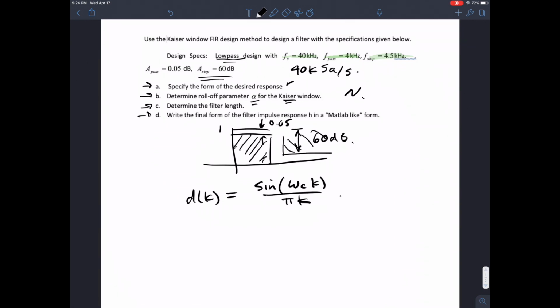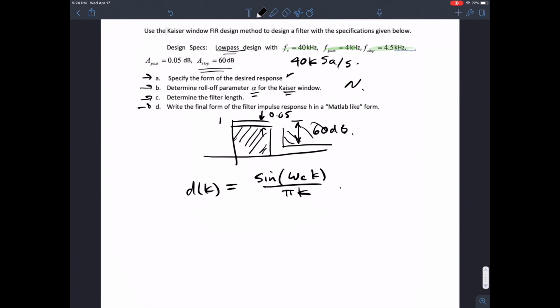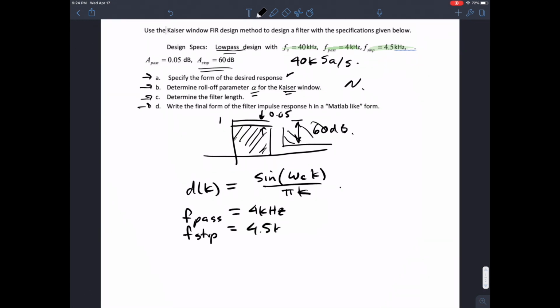So that process involves finding omega C. We know that F pass is 4 kilohertz, and F stop is 4.5 kilohertz. So FC, the cutoff, is the midpoint between the two. I can just eyeball that, and I think you can too: 4.25 kilohertz.